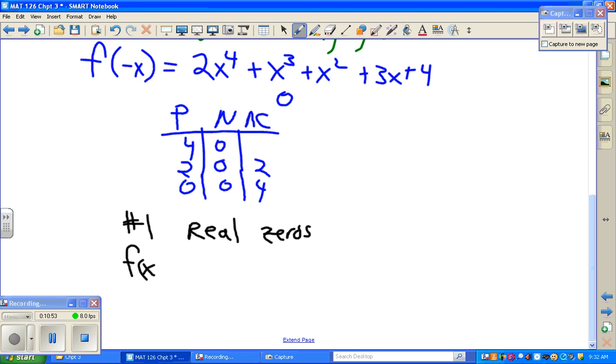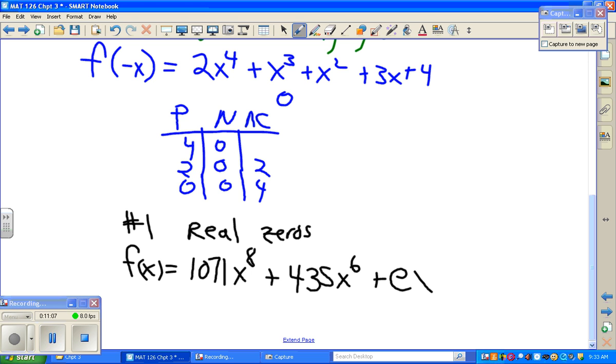So f of x equaled 1071 x to the 8th plus 435 x to the 6th plus e x to the 4th plus pi x squared plus 10. I said find all the real zeros.